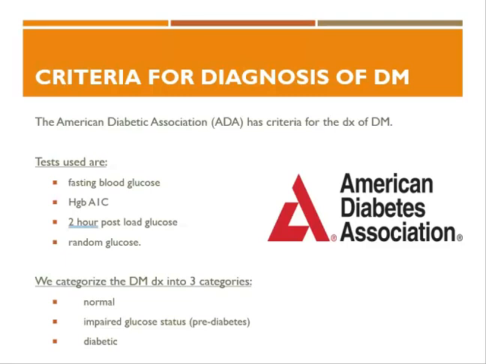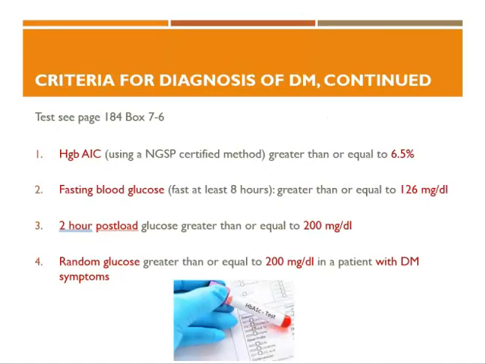We categorize patients into 3 categories: either the patient is normal, the patient has impaired glucose, which is prediabetic, or the patient is diabetic. For the tests used to determine if a person is diabetic, these values have to be met to be considered diabetic.